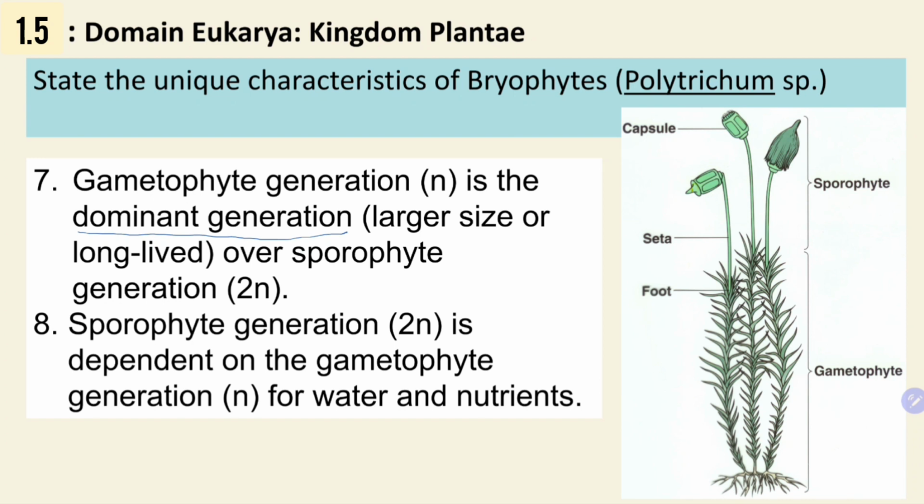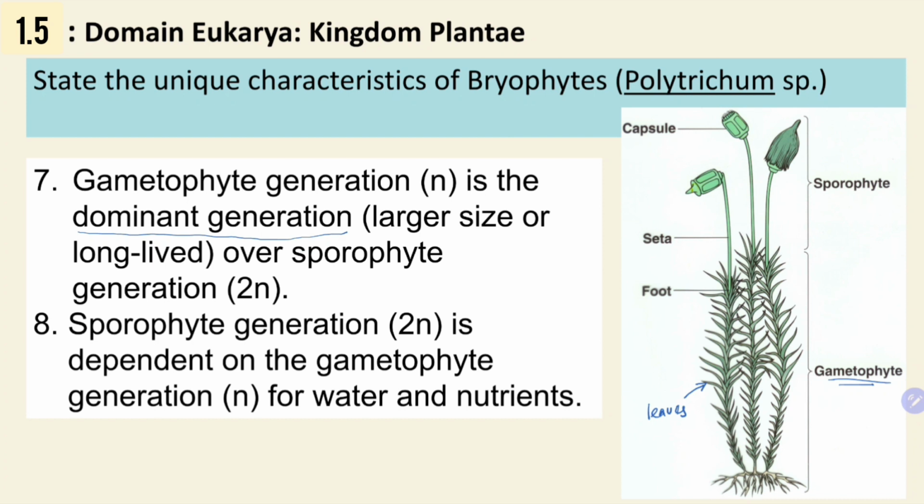Next, sporophyte generation is dependent on the gametophyte generation for water and nutrients. Maksudnya, sporophyte yang diploid tadi, dia tak boleh hidup kalau tak ada gametophyte. Sebab kalau tengok dalam gambar ni pun, the gametophyte generation yang ada structure yang macam leaves, the leaf-like structure. So maksudnya gametophyte yang boleh buat photosynthesis dan boleh absorb water and nutrient.